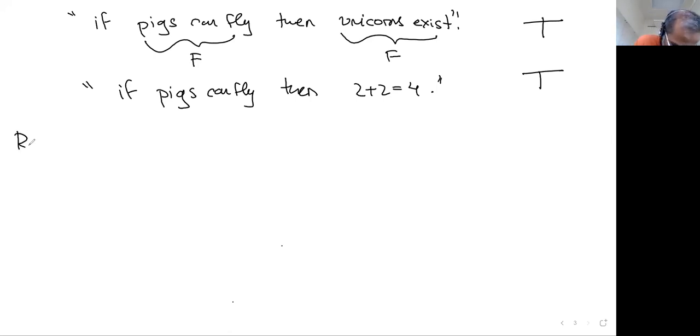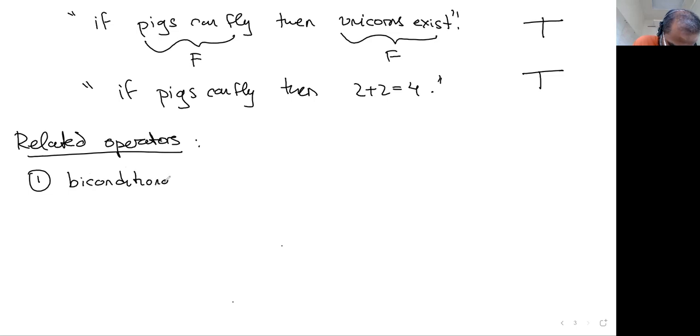Here are some related operators. There are 3 that are important. One is called the biconditional. This is denoted by a double arrow.